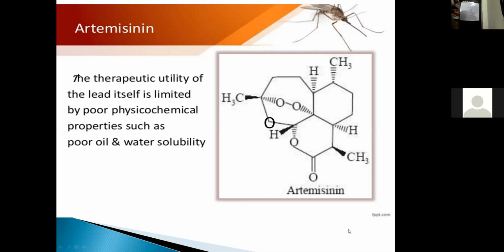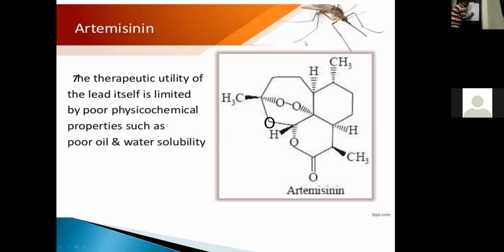To start with, you draw a 6-membered lactone ring, with O and carbon. So this is a lactone ring.